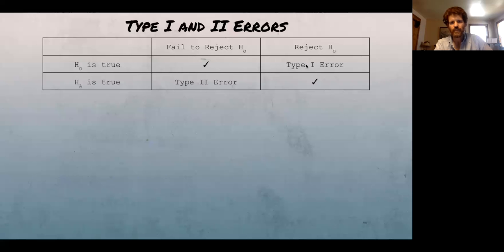But if we do reject it when it's true, that's a type 1 error. If the alternative is true and we reject the null, that's a good thing. We want to get rid of the null if the alternative is actually true. But if we fail to reject the null when we should have, that's where our type 2 comes in. So, just different ways of visualizing this idea.